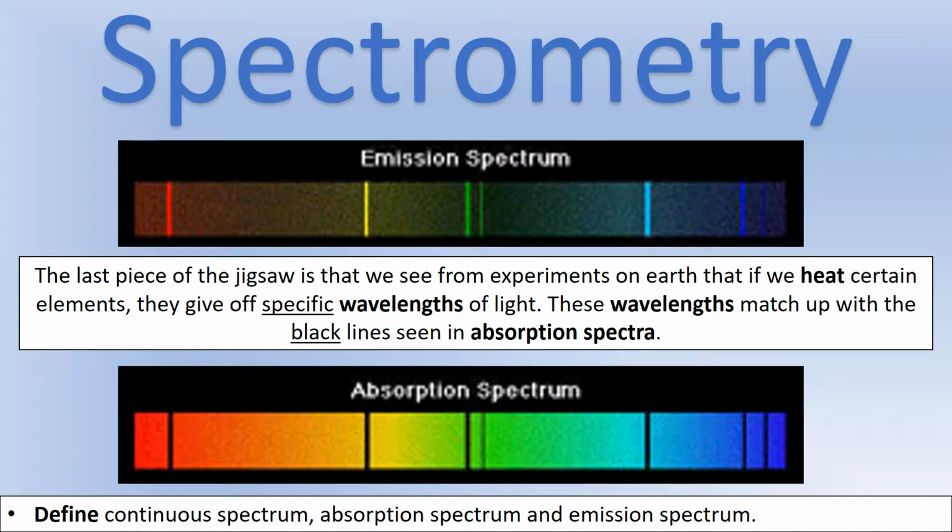In terms of placing where this knowledge goes, you will have probably in chemistry seen flame tests where you've seen different elements turn different colors when you put them in a flame. That is an example of an emission spectrum. We see a specific color because it's a mixture of specific wavelengths of light being emitted. So why do we get these very specific wavelengths when we heat materials, or missing wavelengths when we look at the light from hot materials?